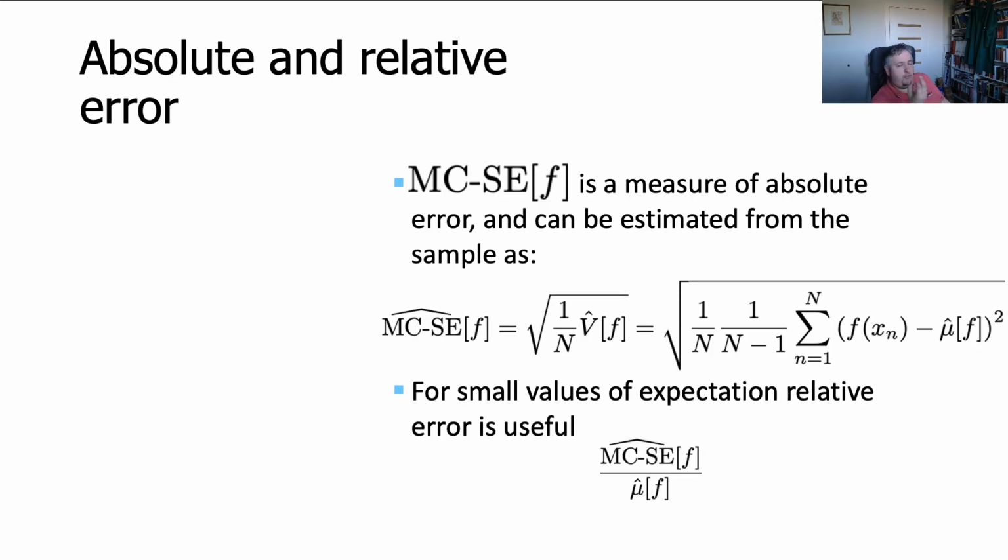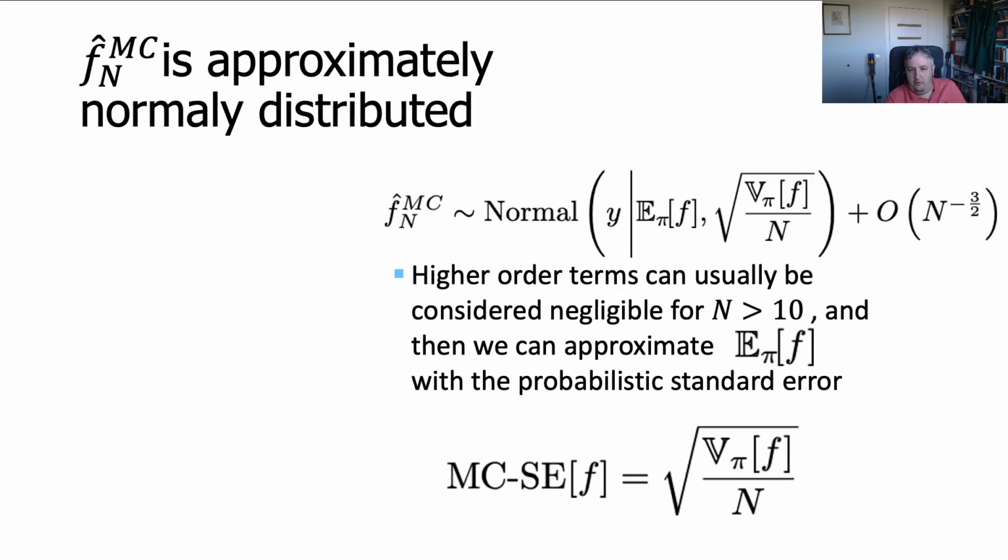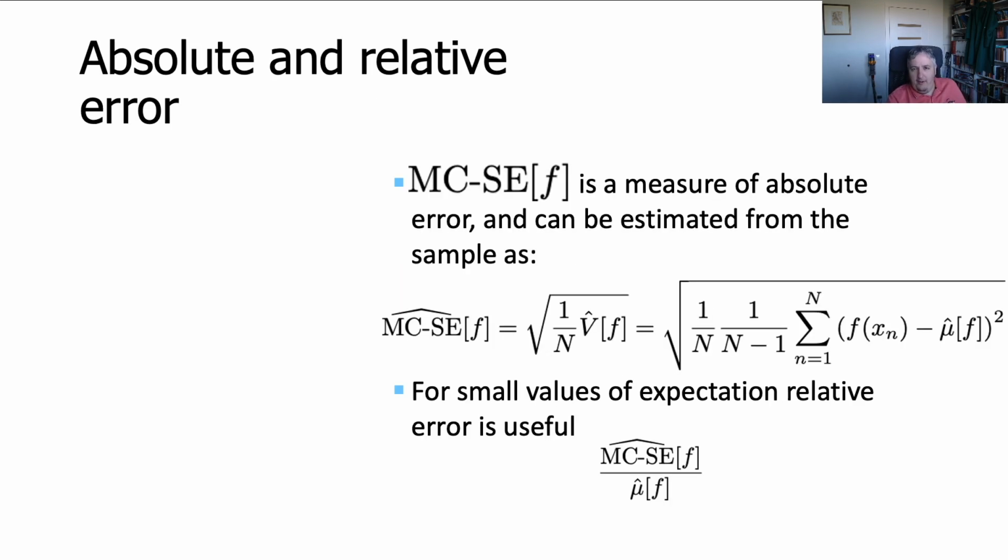Of course, this standard error in this form is very difficult to compute, because generally it requires solving a problem as complicated as computing the expectation. However, we can replace the variance with its own estimator, and we can get an estimator of the Monte Carlo standard error.